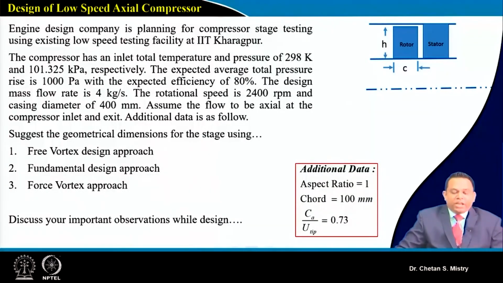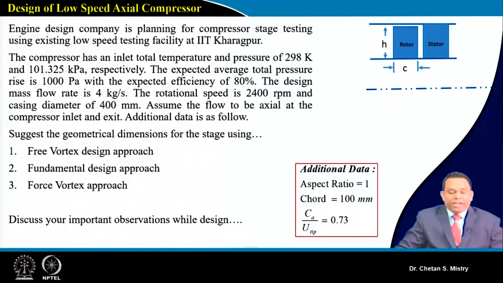The compressor has inlet temperature and pressure of 298 Kelvin and 101.325 kilopascal respectively. The expected average total pressure rise is 1000 Pascal with an expected efficiency of 80%. The design mass flow rate is 4 kg per second. The rotational speed is 2400 rpm and casing diameter is 400 mm.